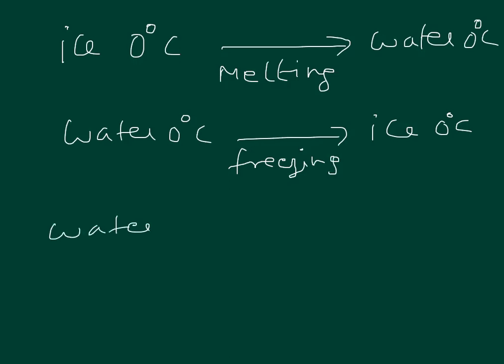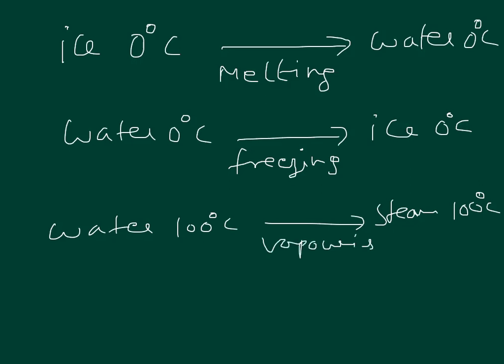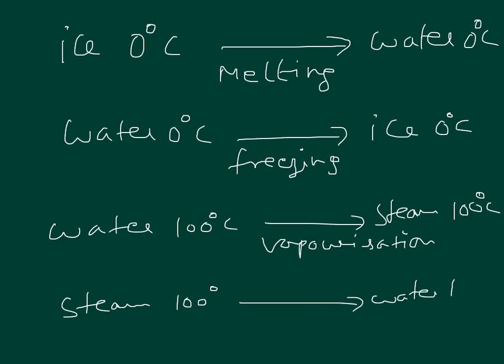Converting water at 100 degrees centigrade to steam at 100 degrees centigrade is called vaporization. And the reverse, steam at 100 degrees centigrade to water at 100 degrees centigrade, is called condensation.